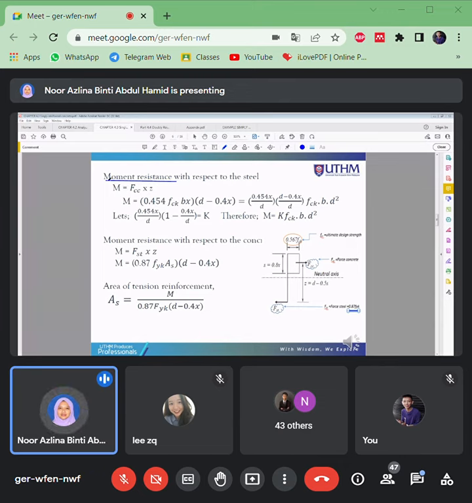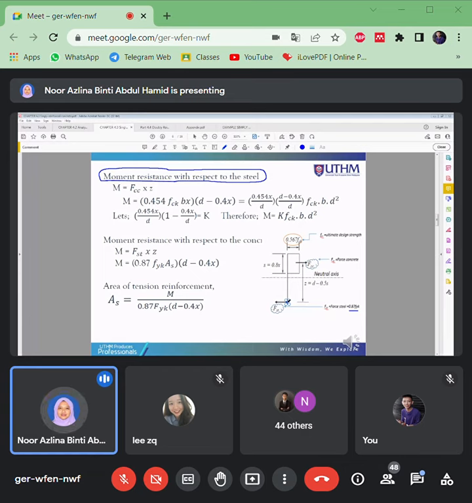Then you can know what's the moment resistance with respect to the steel here. You can calculate the moment for the steel, moment with respect to the steel. So that means all the force brings to this steel, all the force brings to this bottom point.